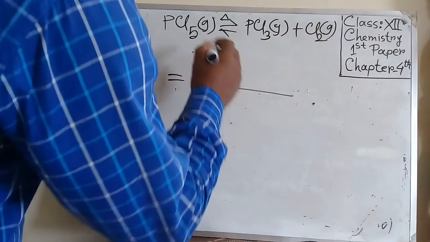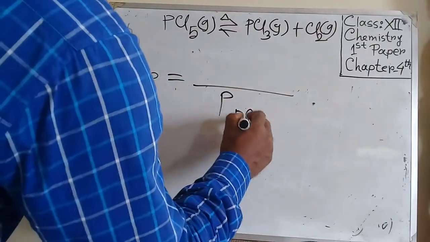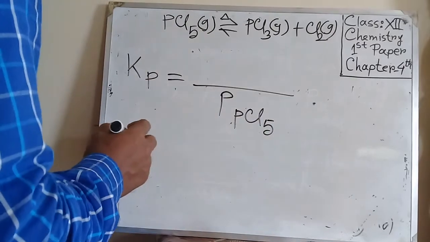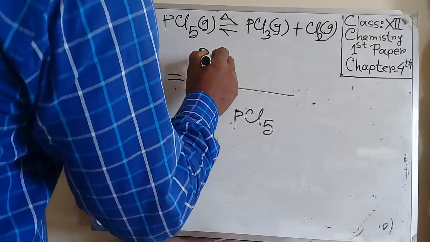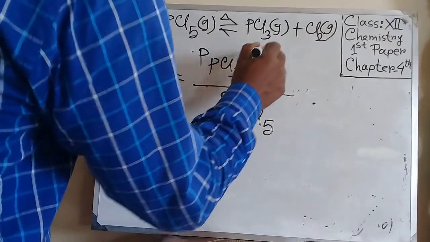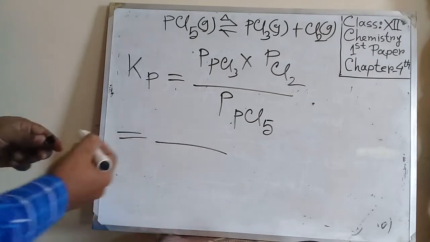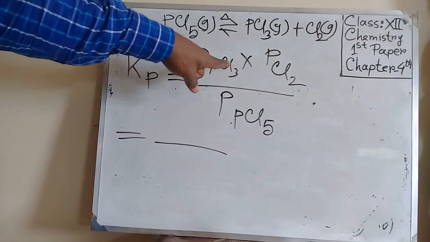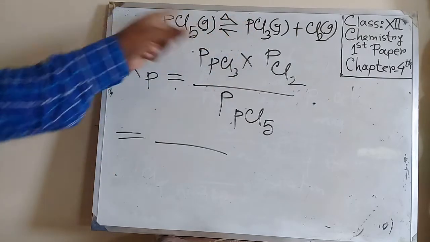So what will I write here? The partial pressure of PCl5, phosphorus pentachloride, is the denominator. So the numerator will be the partial pressure of phosphorus trichloride and the partial pressure of chlorine. We have found the partial pressure of all the products and reactant.